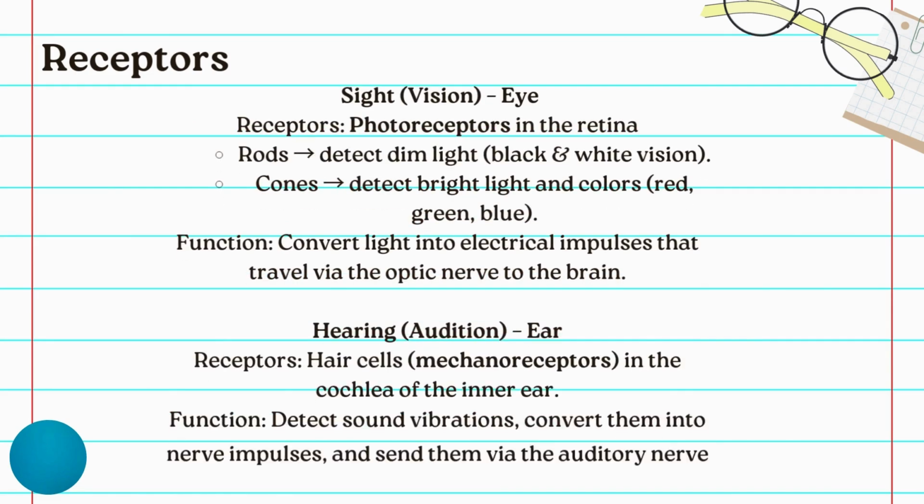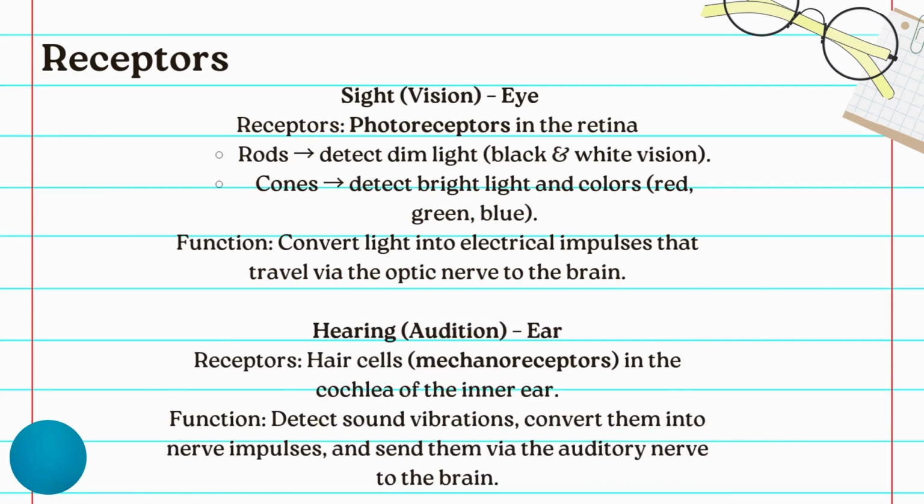So for receptors, let's just explain first what receptors are. Receptors are like your fingertips. We had looked at the structure of your neurons, and there's this part of your neurons that's called the dendrites. The dendrites have little things that look like fingers with little tips on them.